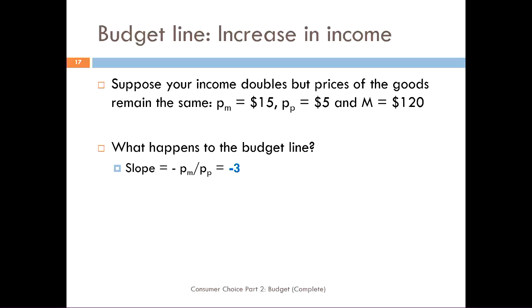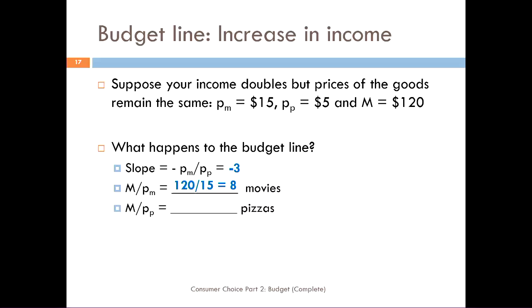It's still the case that it costs 3 times as much to buy movies as pizzas. What about the horizontal intercept? If you spent all your money on movies, because you have twice as much nominal income and the price of movies is the same, now you could buy twice as many movies. Instead of 4, you can buy 8.